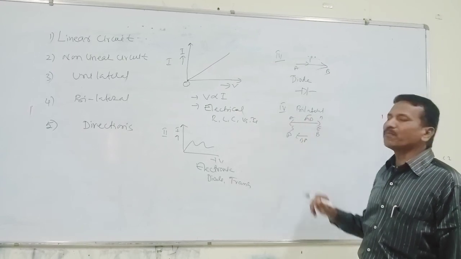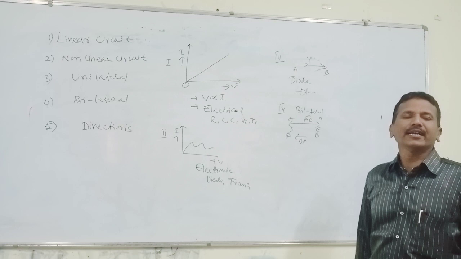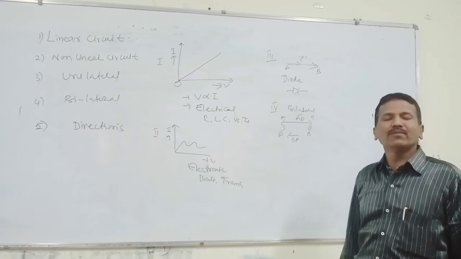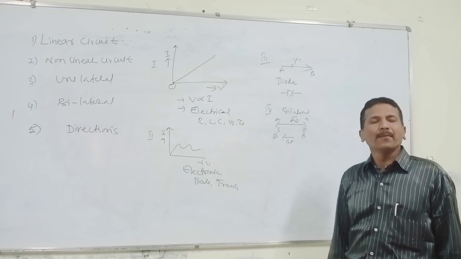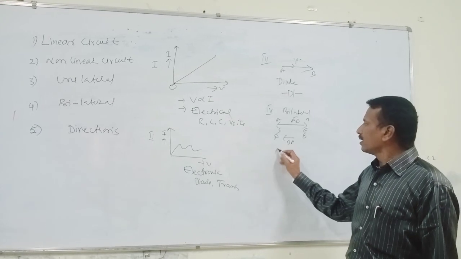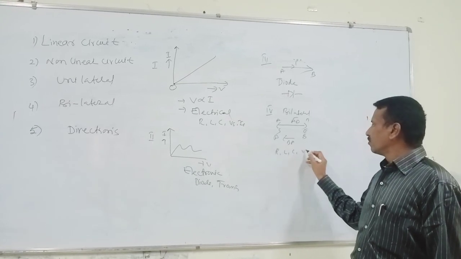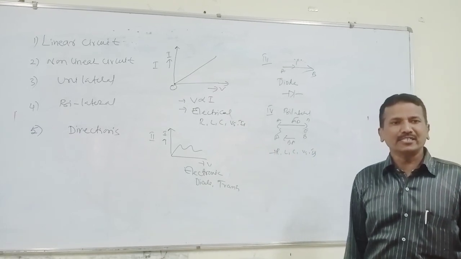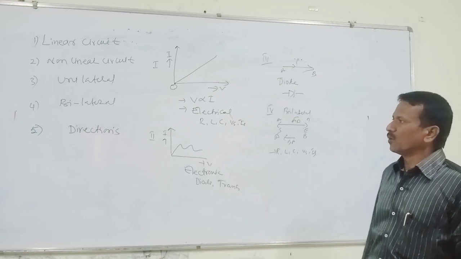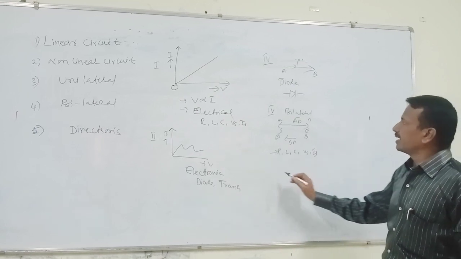These are bilateral. Two-way the current can pass. The current can move in the forward direction as well as the reverse direction. That we call a bilateral network. All R, L, C, voltage source as well as current source are bilateral elements.